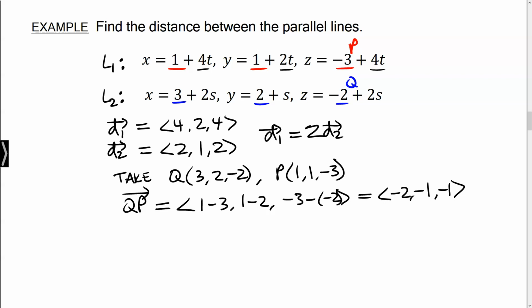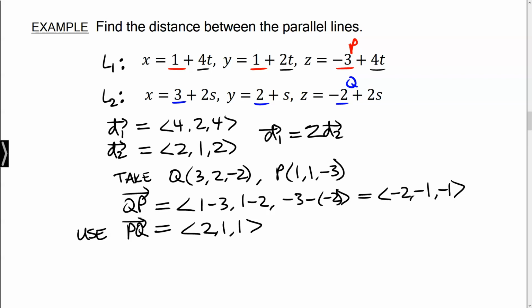Actually, what I'm going to do here is realize that since the order doesn't matter, and if you think about the formula, it's the length of the cross product. If I change the sign, the direction of the vector, so I use 2, 1, 1 instead, that's not going to change the length. So I can just take PQ instead, which is just 2, 1, 1.